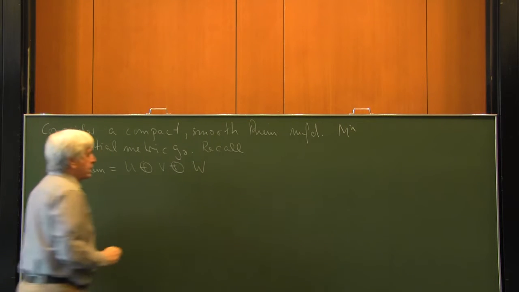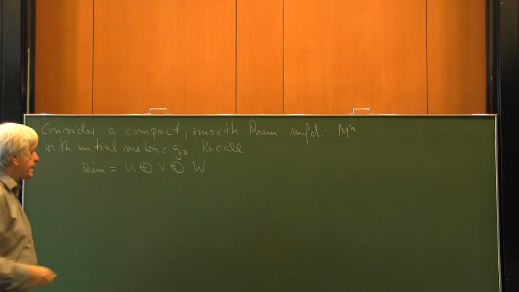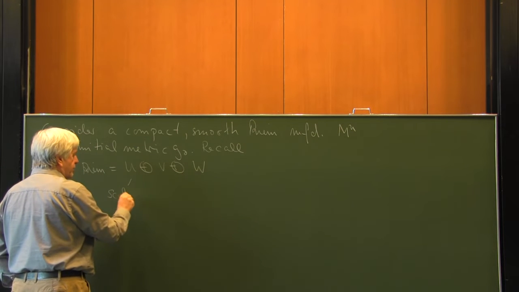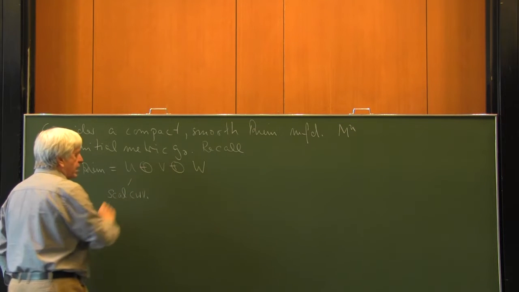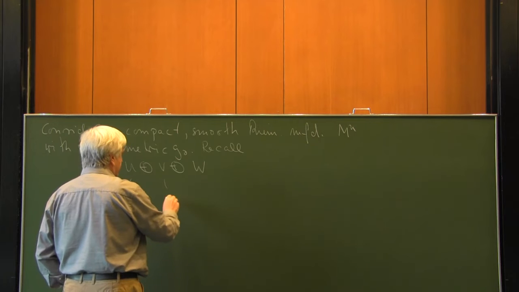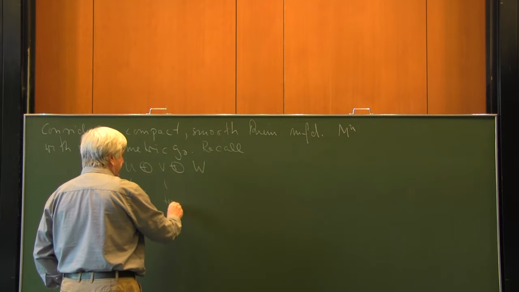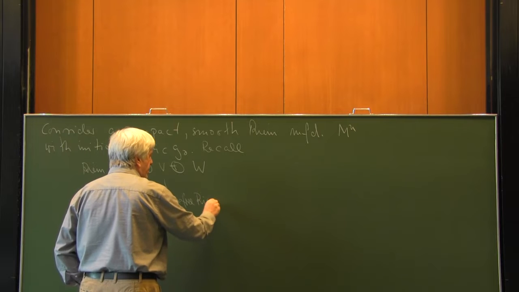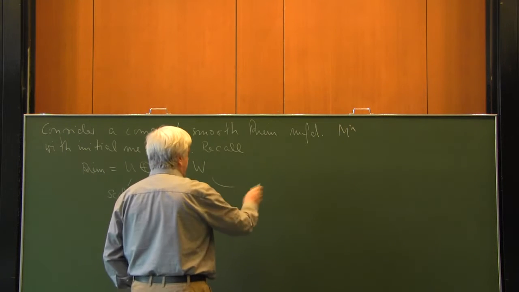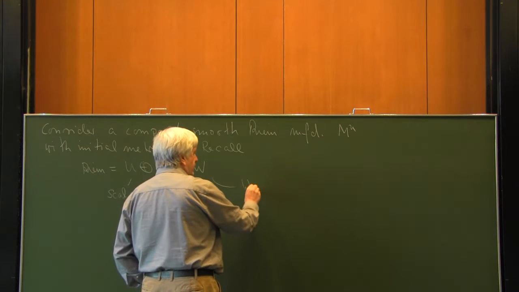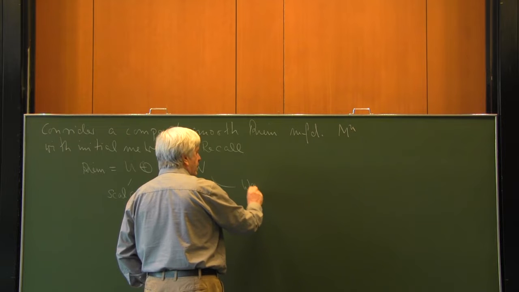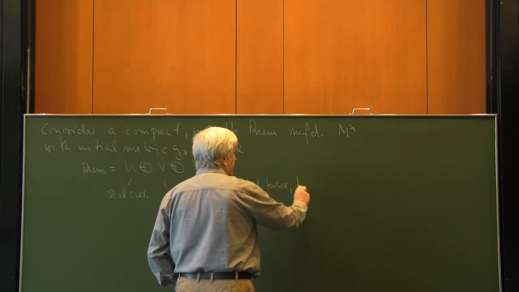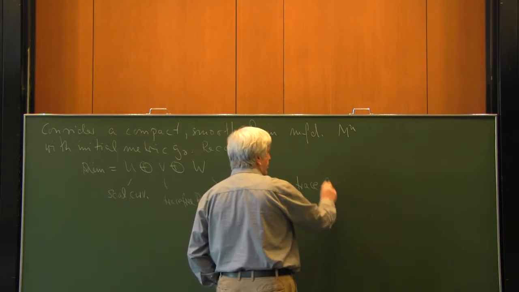three orthogonal parts, and this is the part that contains the scalar curvature, and this is the part that contains the trace-free Ricci tensor, and this is the part which is called the Weyl tensor, and this is completely trace-free.